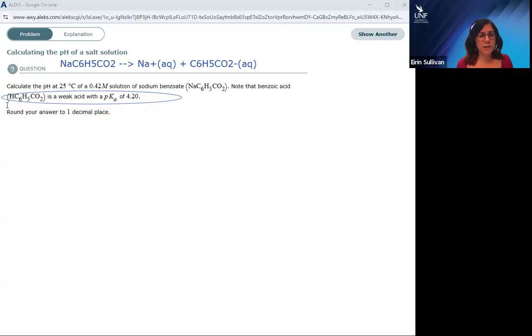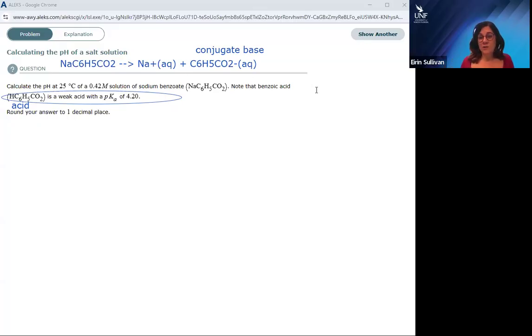This is our acid, and when it donates a proton, it forms its conjugate base. So what we're dealing with here is a basic anion. It's a basic salt, because this C6H5CO2 minus anion, I'm going to go out on a limb and call it the benzoate anion, is the conjugate base of benzoic acid.